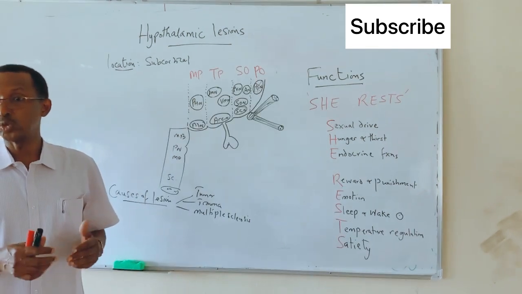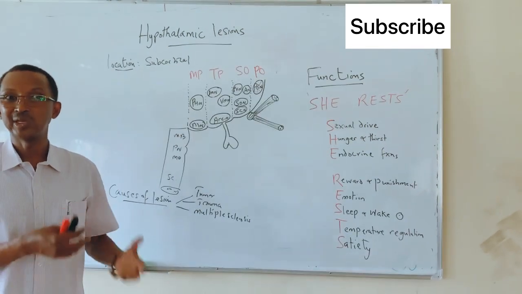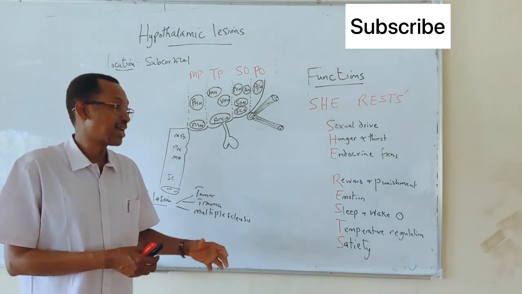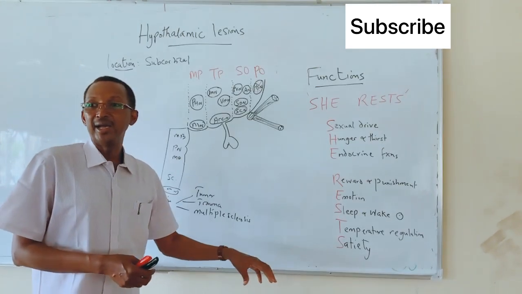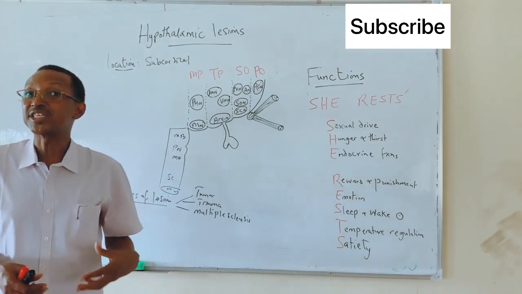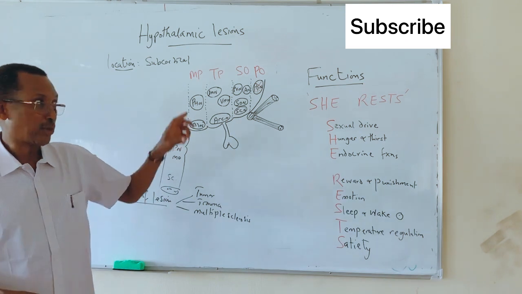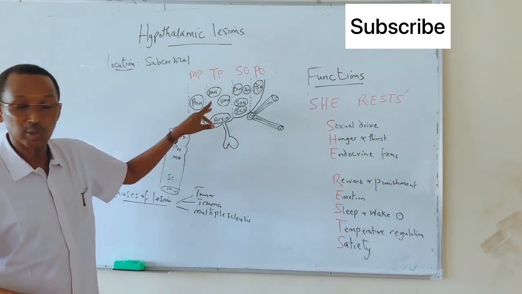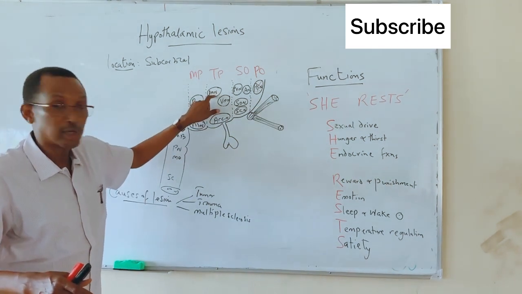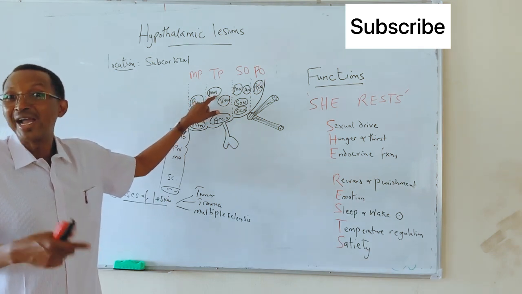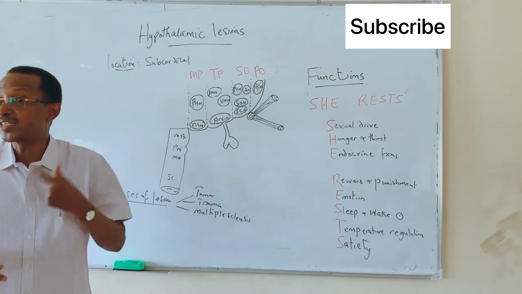So the temperature is going to be oscillating, low, high, something like that. Somebody will also have lack of getting satisfied when he's eating. So you see somebody with a hypothalamic lesion, if one of these nuclei is affected, if this nucleus is being stimulated, the person will be having hunger all the time, and then he will be eating.